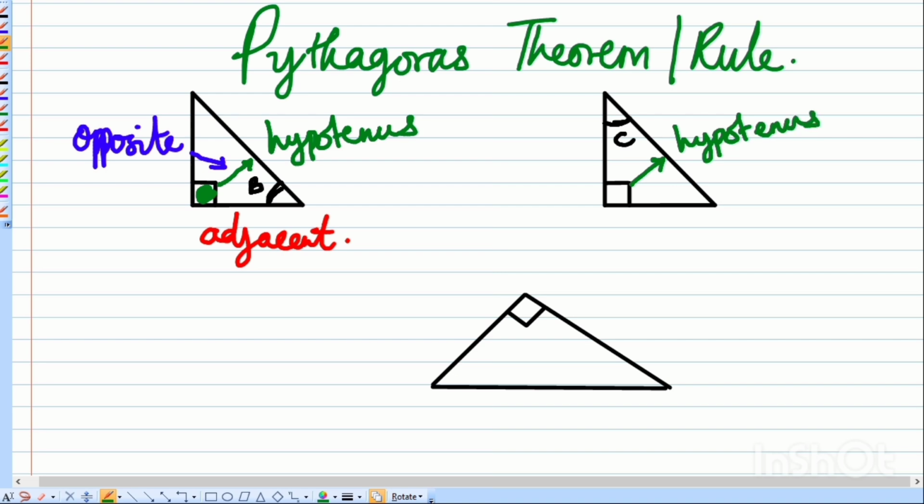Now the opposite is no longer the side that was the opposite in the previous case. The opposite is always the side that's facing the angle under consideration. So for angle C, the side opposite it is called the opposite. You see that the opposite can switch sides, while the other one will be the adjacent side. So it's very important to take note of these things.